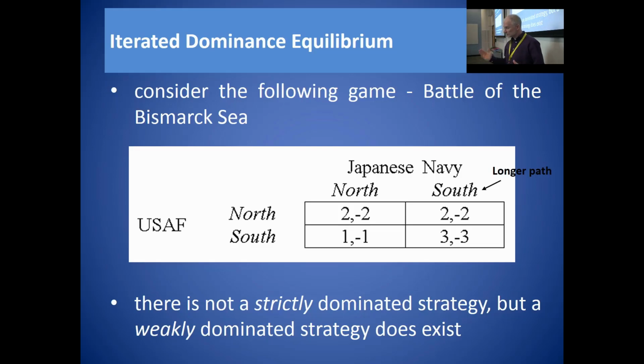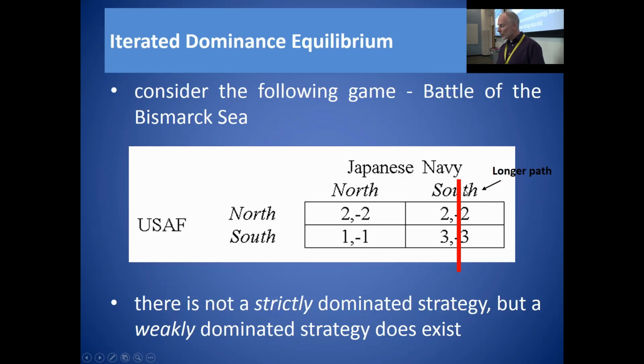No. What there is, though, is a weakly dominated strategy. And in this sense here, south is weakly dominated by north. So when we talked about dominated strategies before, we said a strictly dominated strategy is a strategy that always gives a lower payoff, and as such, we could then eliminate it. Here, though, it's subtly different. We have a weakly dominated strategy.